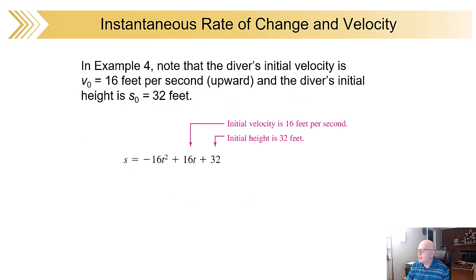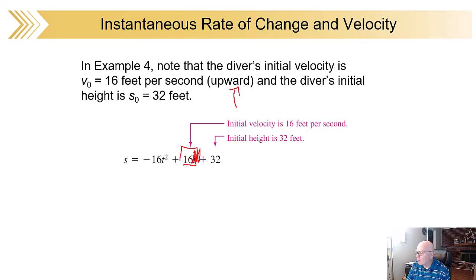So notice that the diver's initial velocity, that's what this represents, the 16 part that is. That's how fast the diver was going when they started the stopwatch. Since it's a positive 16, that means the diver took off upward. Of course, that's what happens, right?